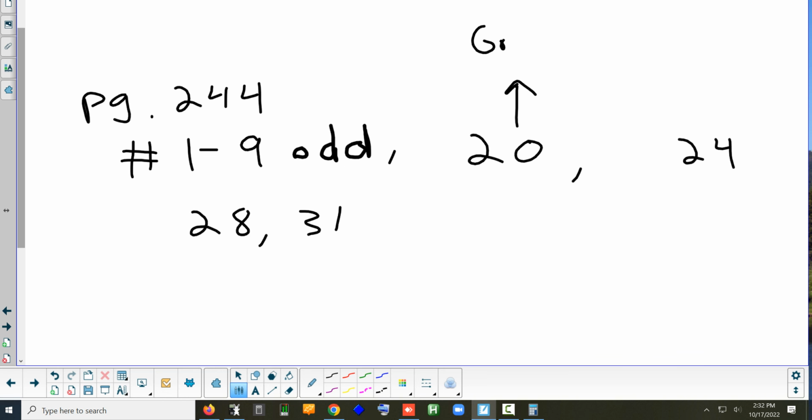You're going to use the graphing calculator for number 20, and you're going to calculate an intercept. That's how you do it. 24. Yeah, that one is also on the graphing calculator. So 1 through 9 odd, 20, 24, 28, and 31. Okay, we'll take a look at that tomorrow.